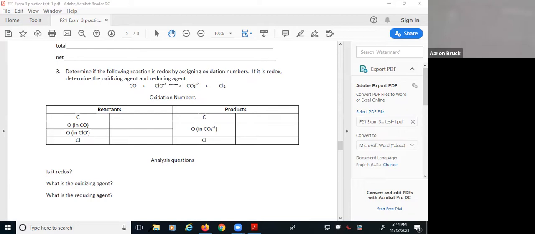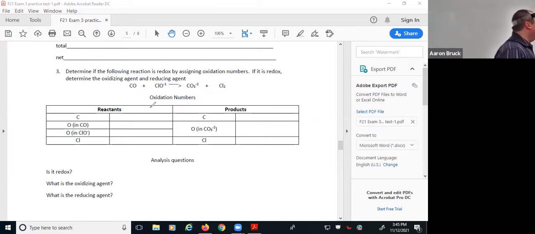Because if it's not redox, then there's no oxidizing agent, there's no reducing agent. That's the coolest trick question in the world. And I'm not that cool. But anyway, 3 points. No one in this room, no one watching on YouTube should miss this.